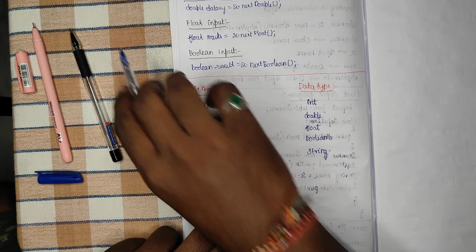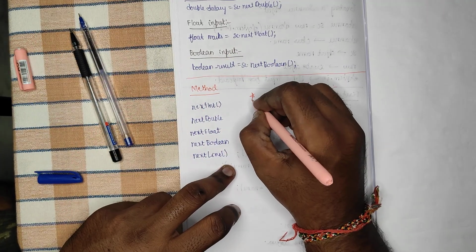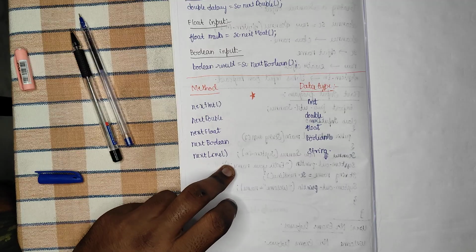So this table is very important, so do see this. This is very important and it is a marks area too.